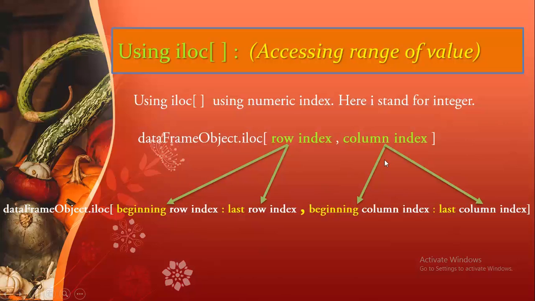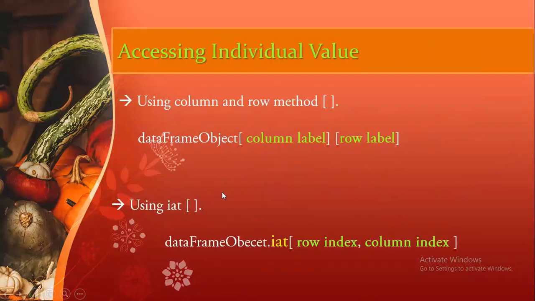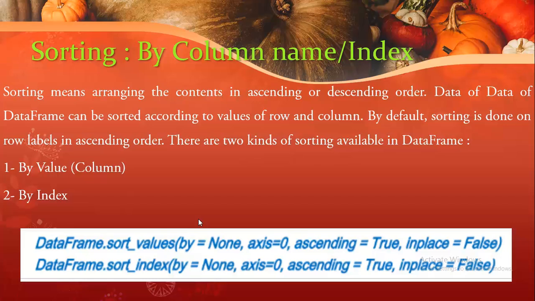You are familiar with all this syntax. Then we have used individual item access using row method as well as iat, and finally you know how to sort the data. Here we have two methods of sorting: sort by value and sort by index. Thank you.